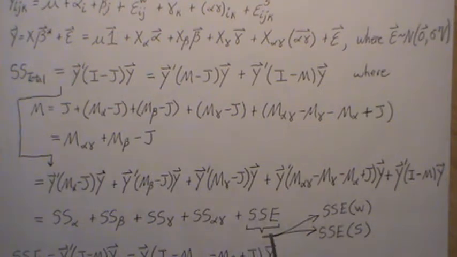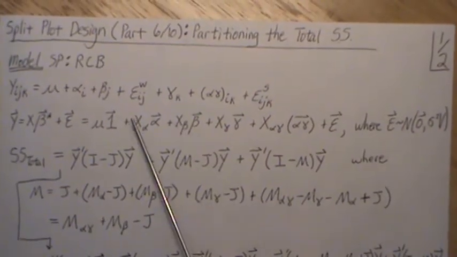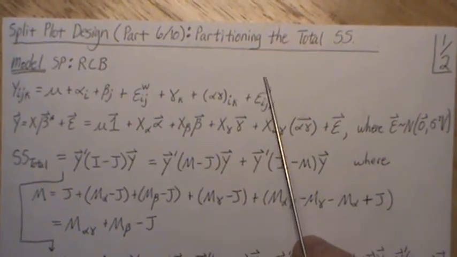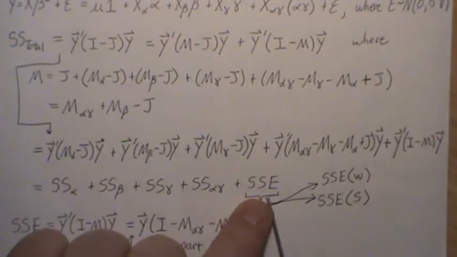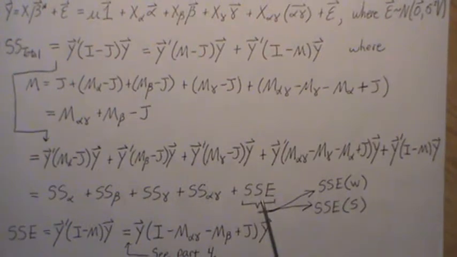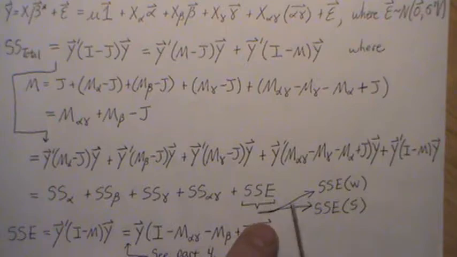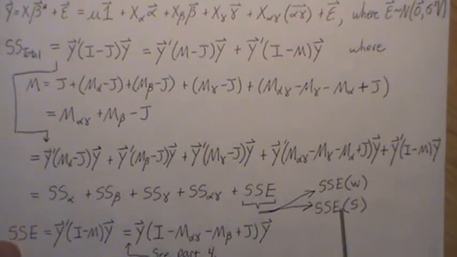Now, the thing with split plot, remember in our model, we combine these errors into one. So this actually contains both the whole plot error and the split plot error, or the subplot error. So we need to split this again into those respective errors.